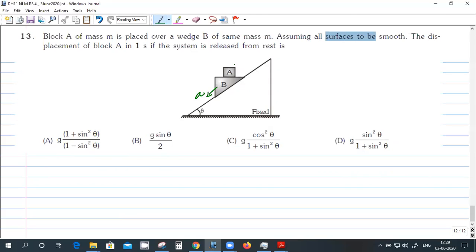After that, for drawing the free body diagram of block A, you have to put a pseudo force in this direction. So this problem is solved in the frame attached to block B. This is the frame in which I am solving this problem.